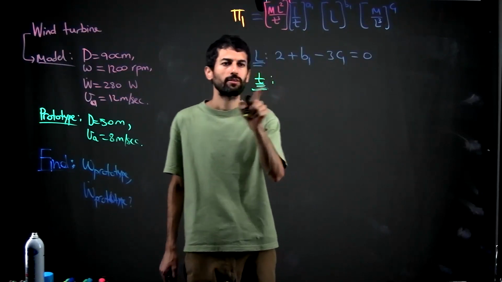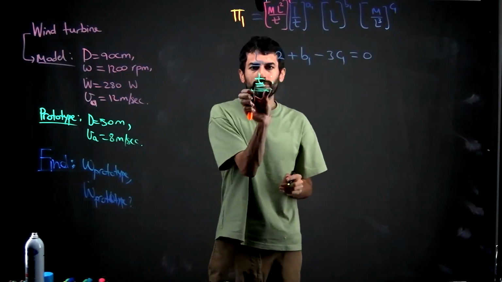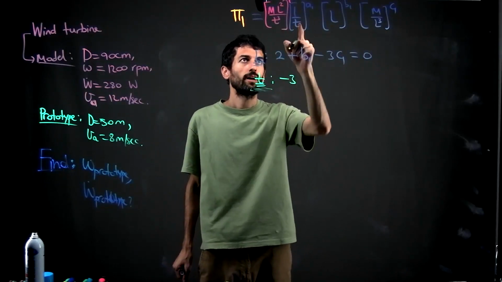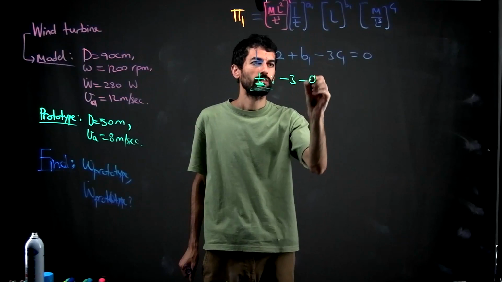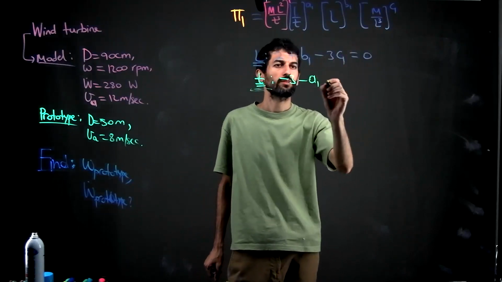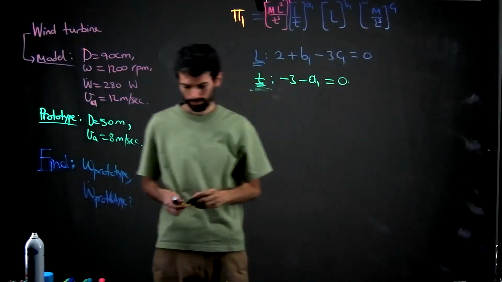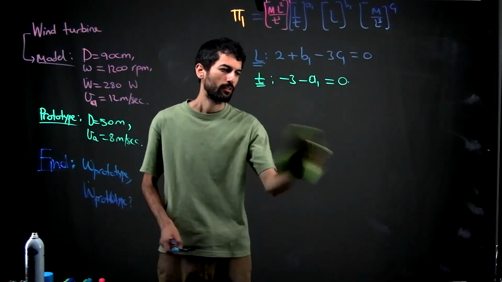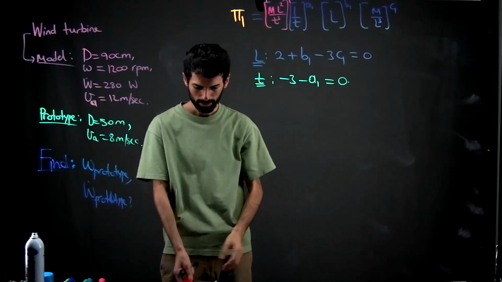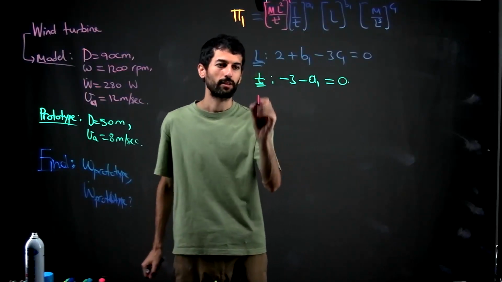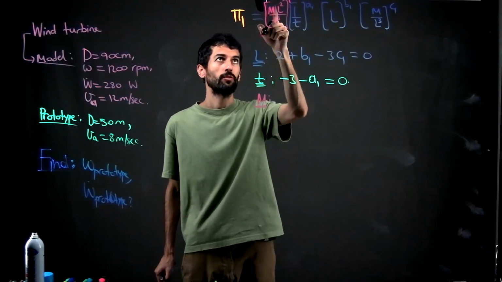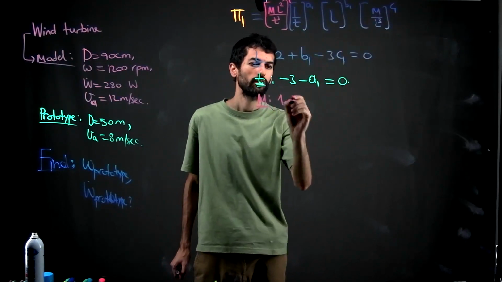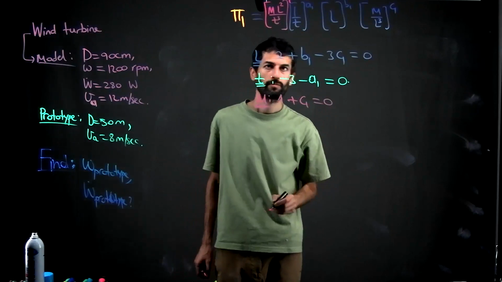So you will have negative 3 here, and the negative 1, and then a1. So that's all. It should be equal to 0. Okay. And the last one is for the mass. So it has a 1, and then mass here as well, 1, and then c1, that will be equal to 0.